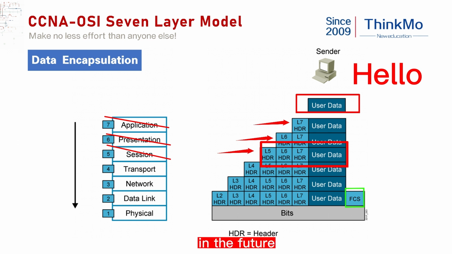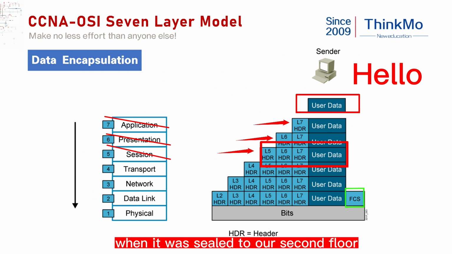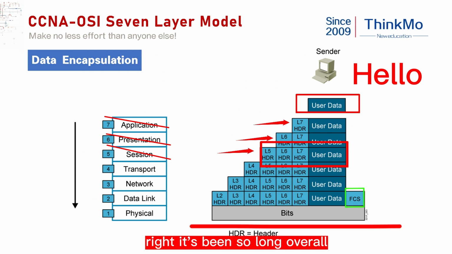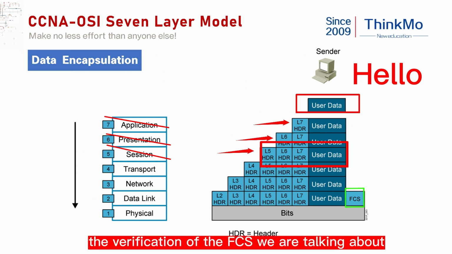Let me tell everyone here, for our second floor, what is the concept of this FCS? If I send the data as a whole, you will find the data is encapsulated layer by layer. When it was sealed to our second floor, it has become this long overall. Then we do the verification of the FCS.